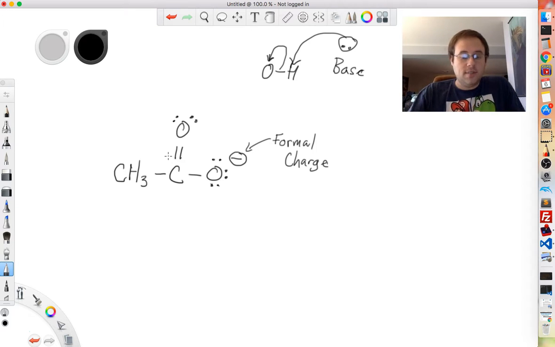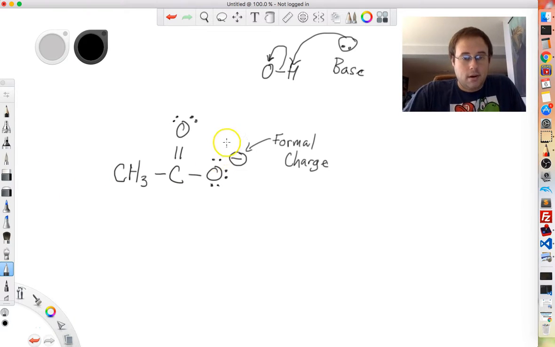There's no real negative sign sitting above an oxygen or a positive sign sitting above a carbocation. It's really a mixture of electron density: a surplus gives a negative term, and a lack of electron density gives a positive formal charge.